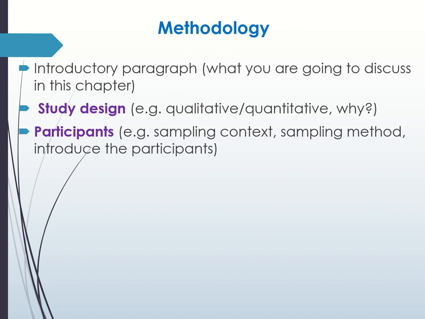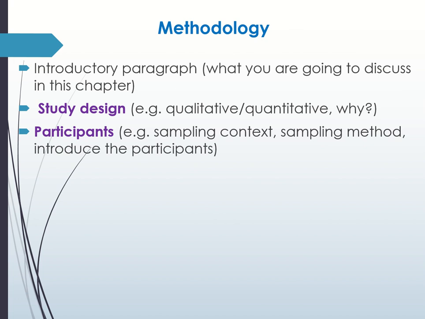Then you need to have a section on participants. In this section, you need to introduce the sampling context, for example, a primary school in a particular region in the country. You need to also talk about sampling method, and of course you need to introduce the participants.